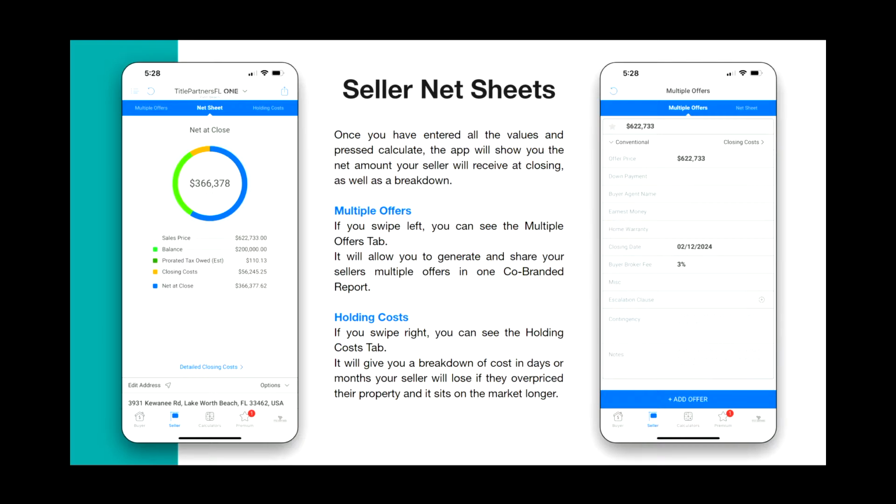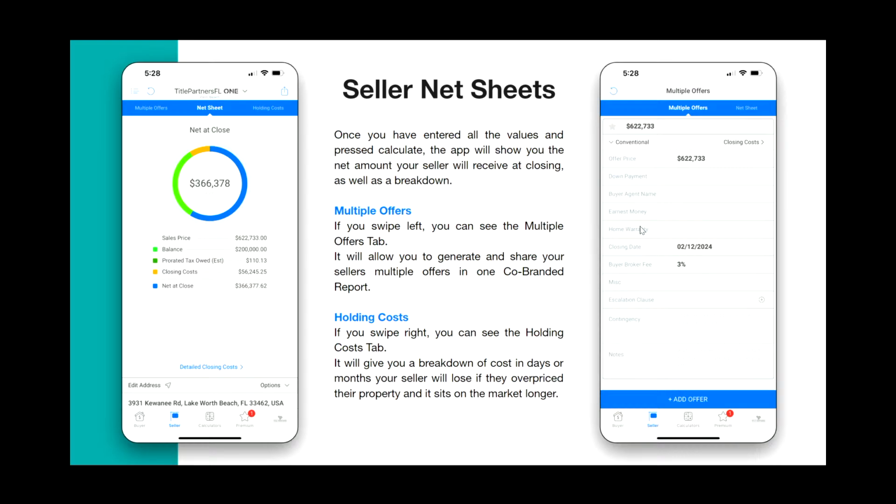In that same seller section, on the top where you see that blue arrow, net at close, you can go into the multiple offers section and input all the offers that you receive for the property.